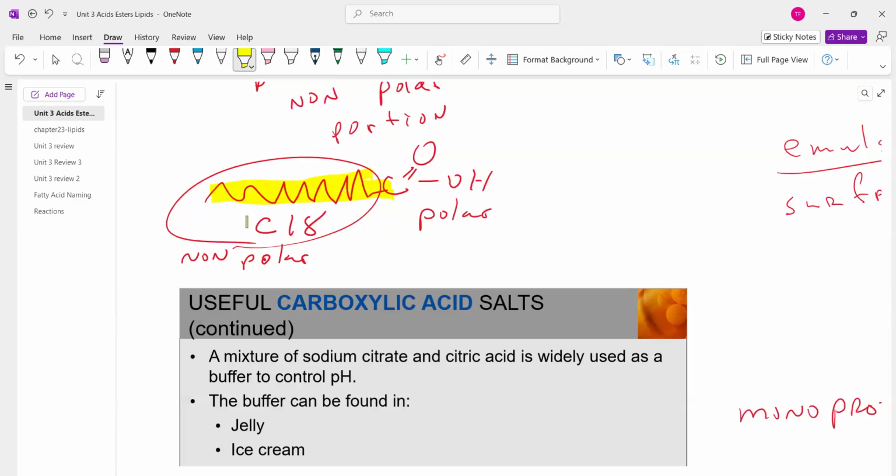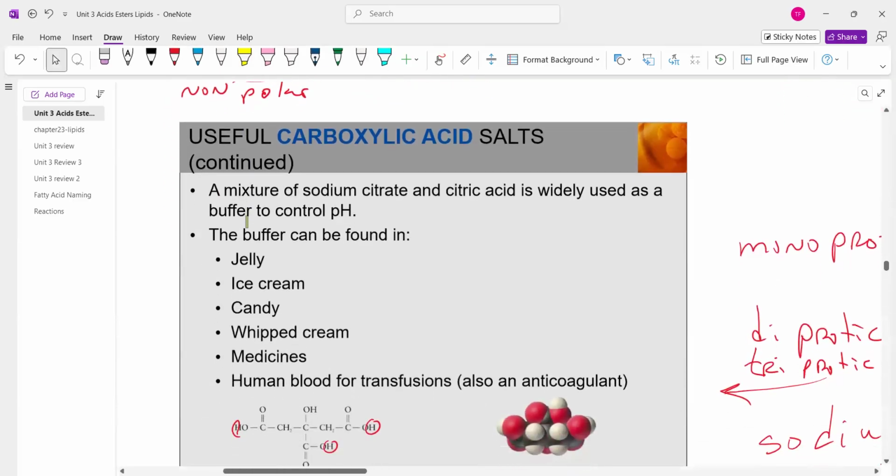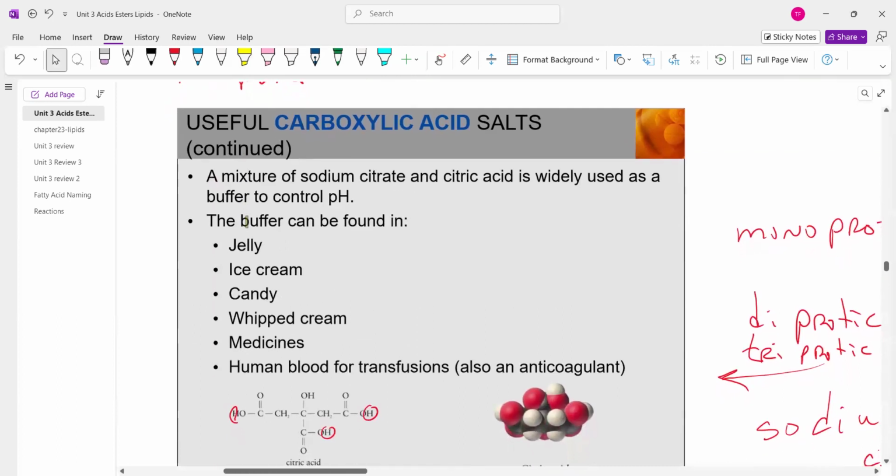Acid salts are very common. To make a pH buffer, you need two items: the acid plus the salt together.